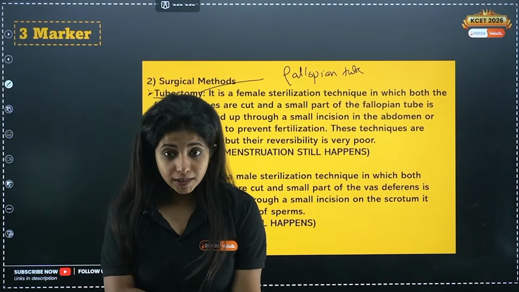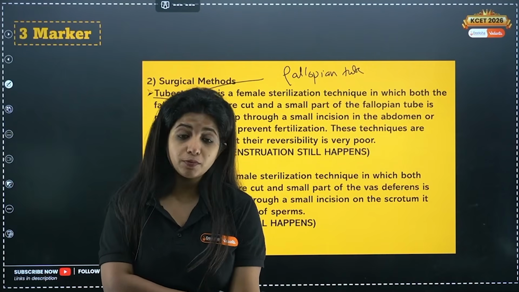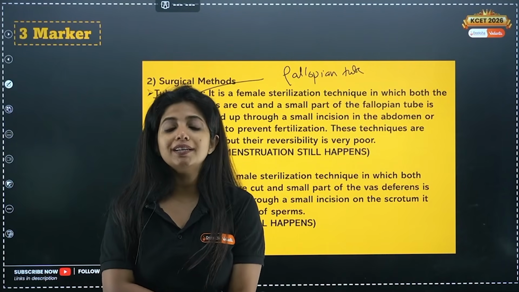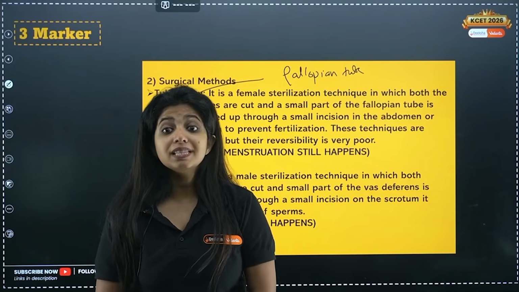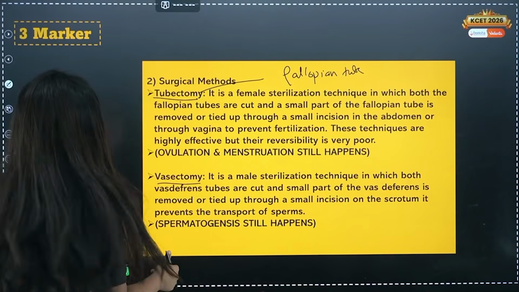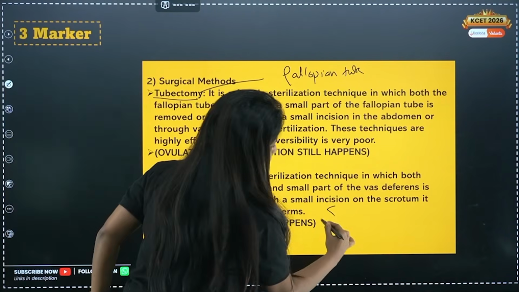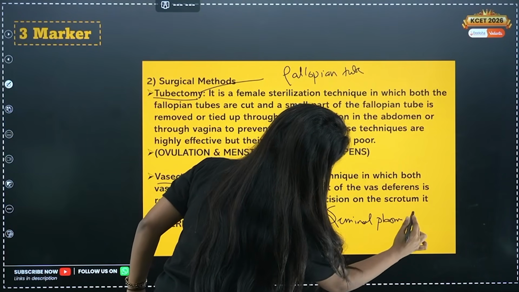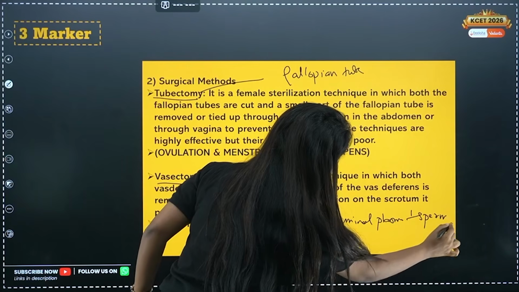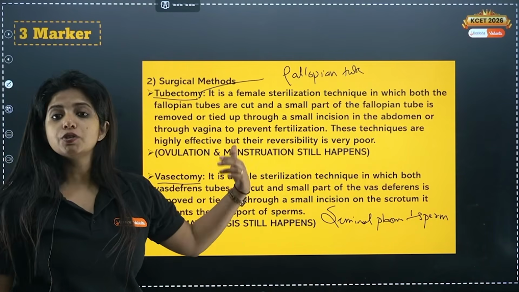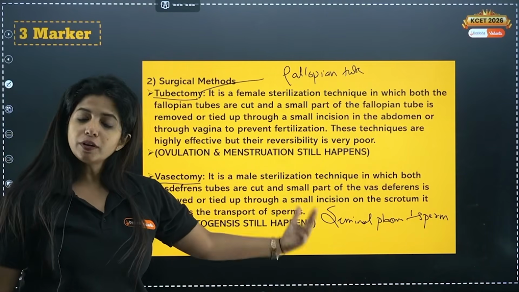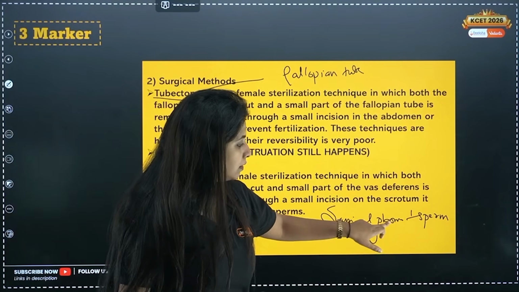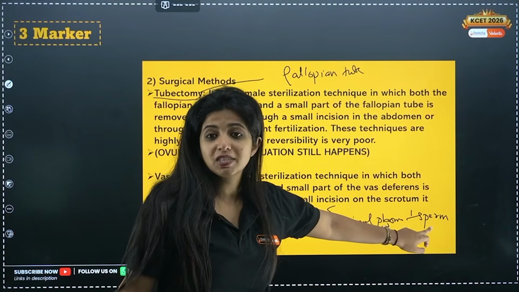Here, spermatogenesis is happening. Yes, sperms are being produced. But my dear children, they are not going to get transported. So here semen is produced. Semen means seminal plasma plus the sperm. There are accessory glands which provide secretions to the sperm. They will still have their production. They will still be produced, but sperms are going to be missing from here.